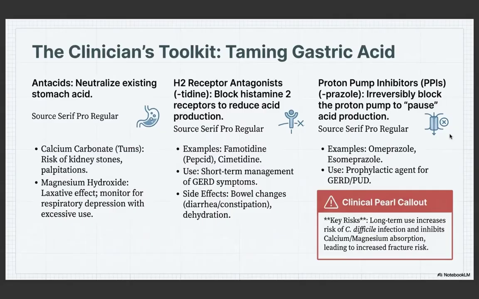But because we're blocking the acid production in GERD, and it's also used for PUD, and it's making the stomach more alkaline, our stomach is not going to be able to fight off bacteria because our gut flora is all messed up, right? And so they're actually at higher risk for getting a C. diff infection.